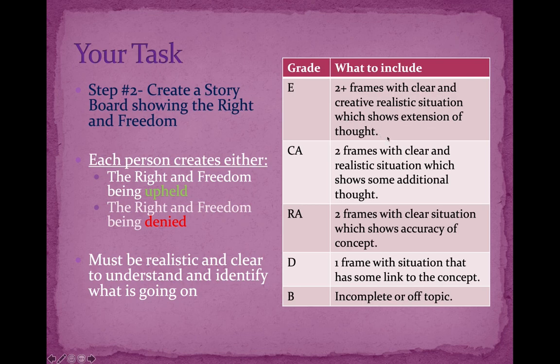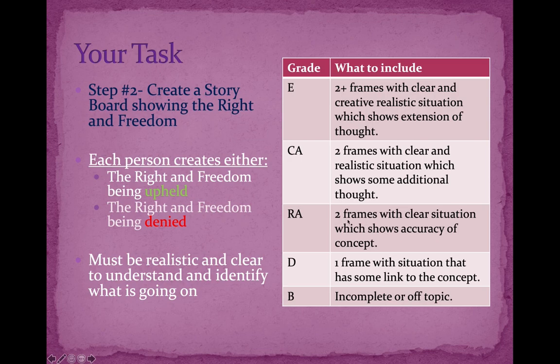So you're not just going to take something that's pretty well known to everybody, but you're going to do something a little bit more creative, a little bit more unique than something run of the mill, something we're seeing super commonly in the media today. And then a CA would be 2 frames with a clear and realistic situation which shows some additional thought. So it's still clear, it's still realistic, it's just a little bit less on the creative side and a little bit less on the showing of extension of thought side.